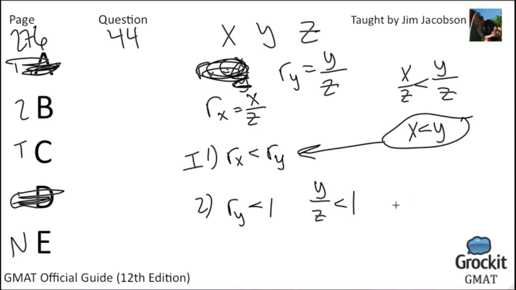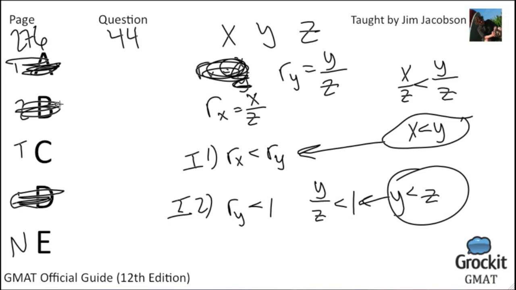If we multiply both sides times Z again, we end up with Y is less than Z. Again, that alone is not enough to tell us whether Z is the greatest because X is not in the picture at all. So that can't be sufficient. We need to know Z's relationship to both X and Y. So totally not enough. We can cross off B.